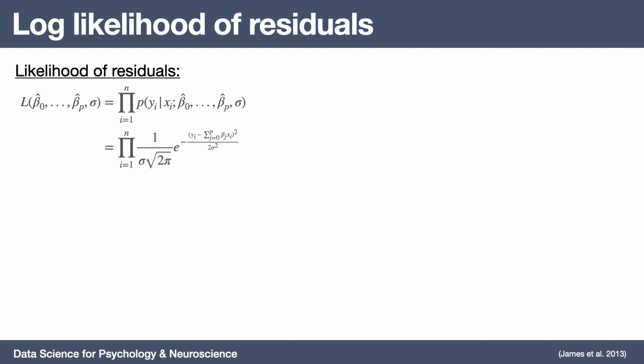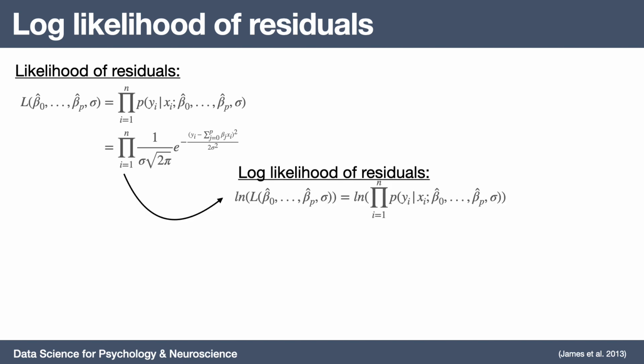Taking the product here is hard. It's hard to work with products if you're trying to come up with a solution for every beta hat. But we can convert these products into sums, which are much easier to work with, by simply taking the log of this likelihood function.